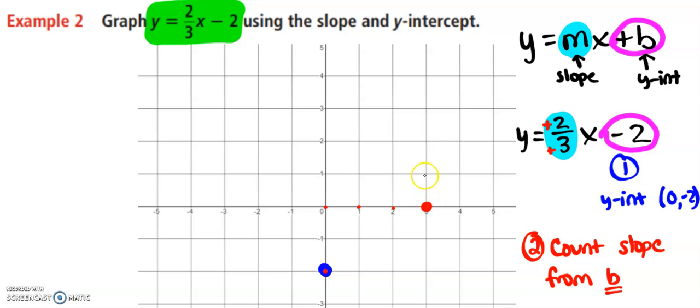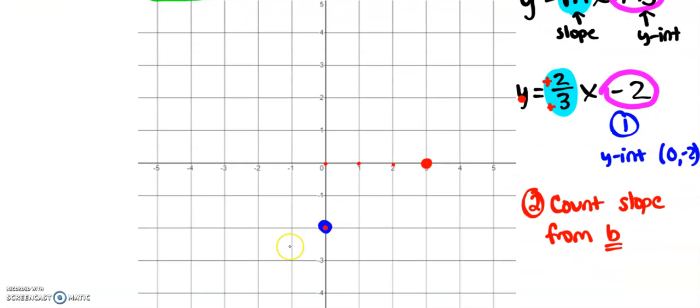And then you go up 1, 2, and over 1, 2, 3. You're just going to count that constant slope until you get enough of a line. Really, as long as you have at least 2 points, you should be good. Then we connect those dots. Should be pretty good.